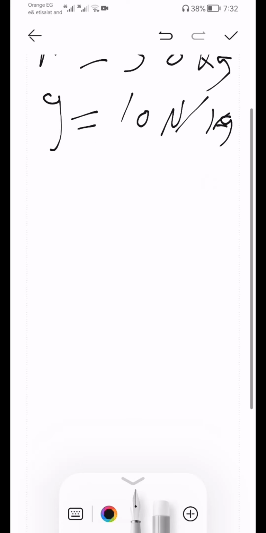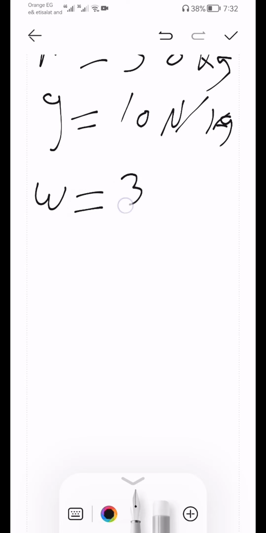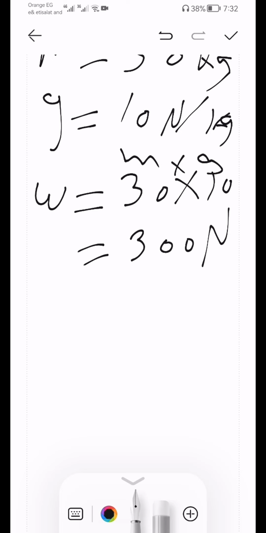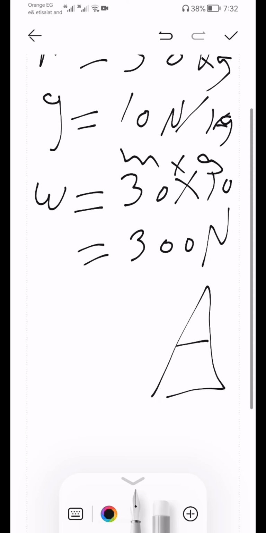Okay, so the weight will be what on the Earth? The weight will be 30 times 10 equals 300 Newton. You must write the law, M times G. Now we know the weight on the Earth, right? And we have a relation between weight on Earth and weight on moon.